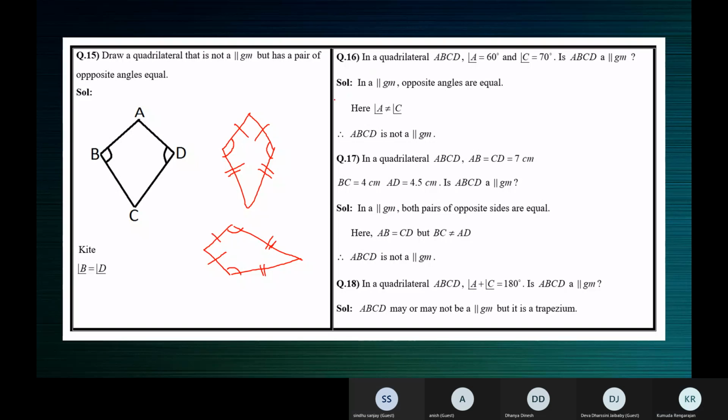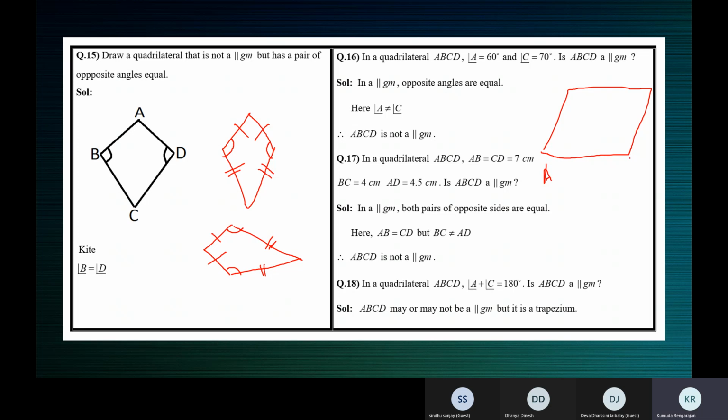All right. See here, in a quadrilateral ABCD, angle A is 60 degrees and angle C is 70 degrees. Is ABCD a parallelogram? What do we know about the angles of a parallelogram? In a parallelogram, both pairs of opposite angles are equal. In parallelogram ABCD, A and C are opposite angles.